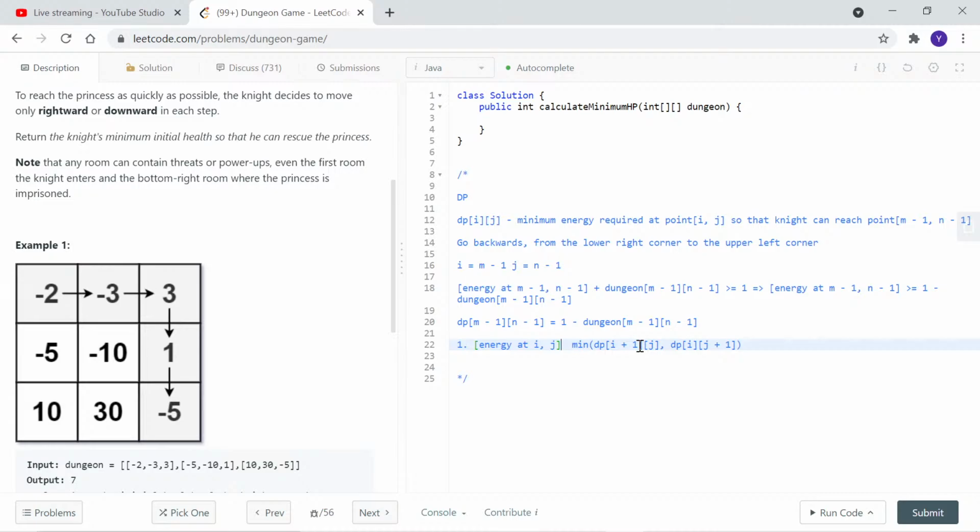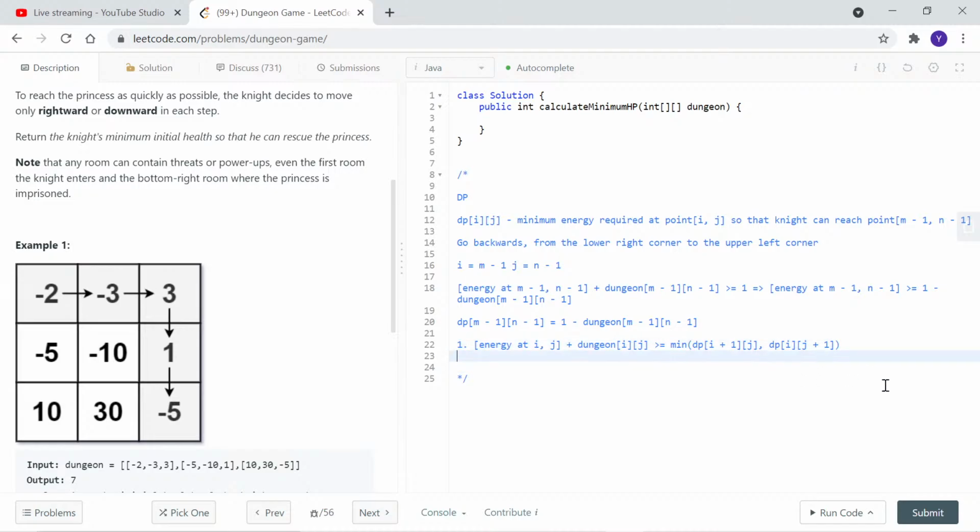So then we need to have our energy at ij plus tangent ij larger than or equal to the minimum of the right side or the down cell.